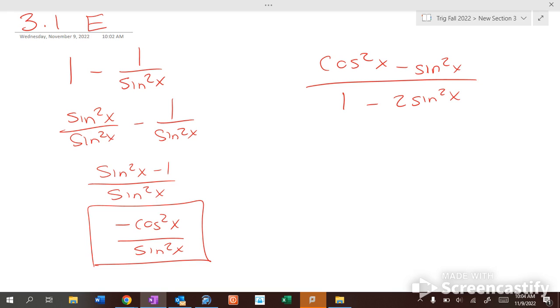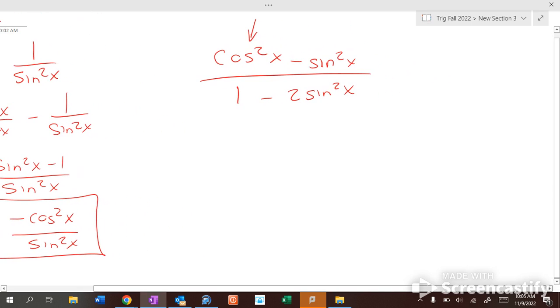Well, in my numerator, since there's a bunch of sines here, I'm going to change cosine into sine somehow. How am I going to do that? Well, I have a Pythagorean identity, right?